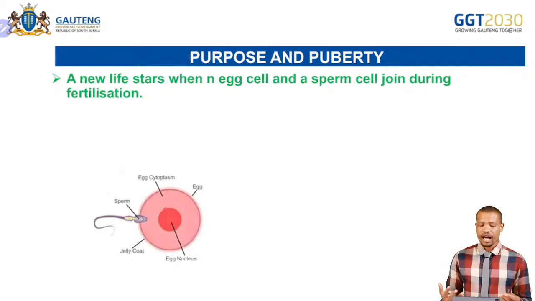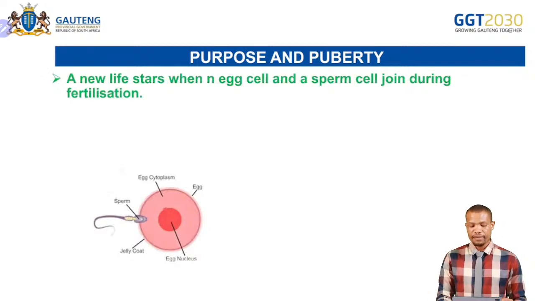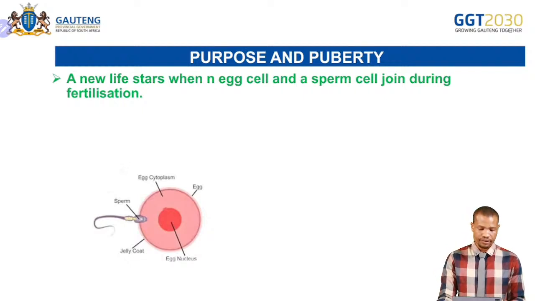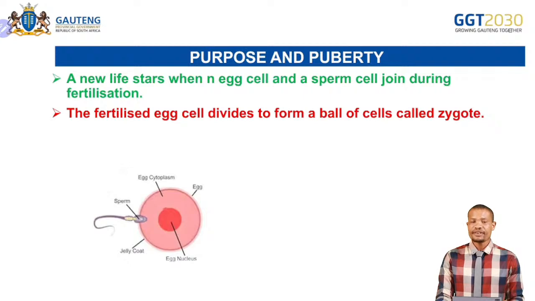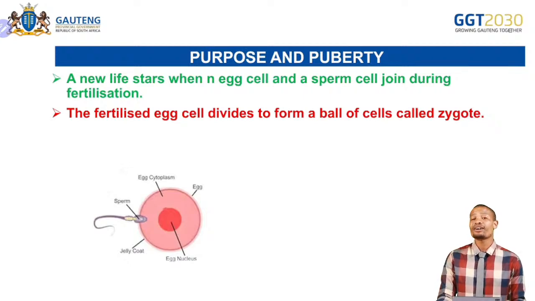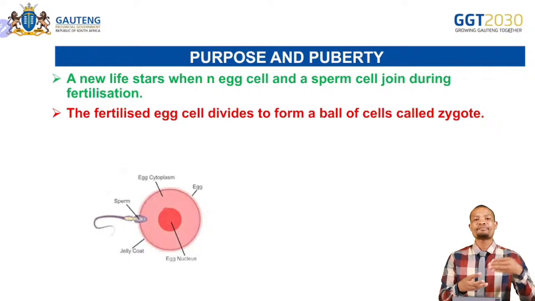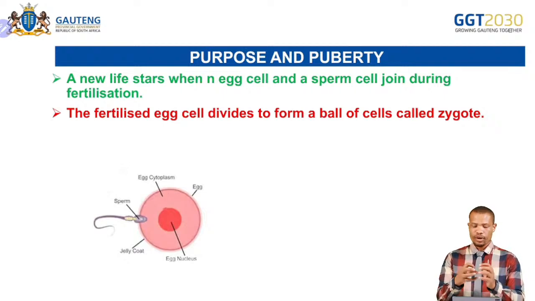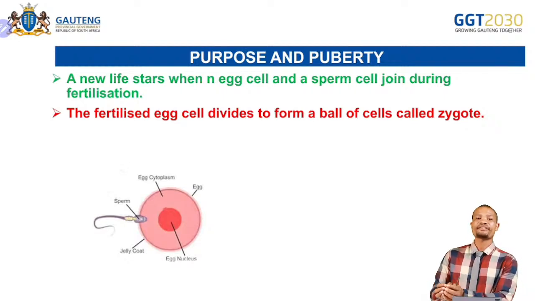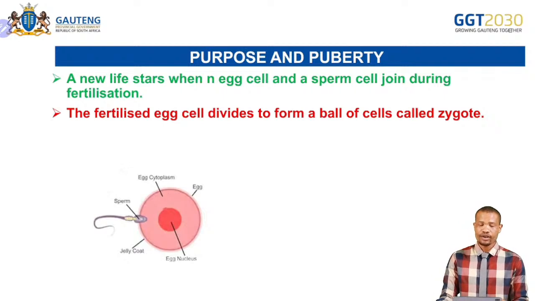So a new life starts when an egg cell and a sperm cell join together during fertilization. And the fertilized egg cell divides to form a ball of cells, which we call a zygote.